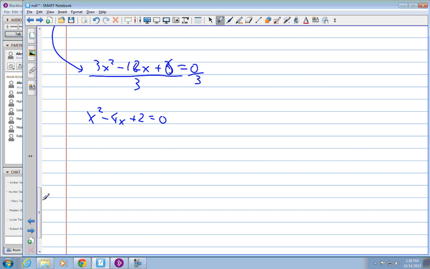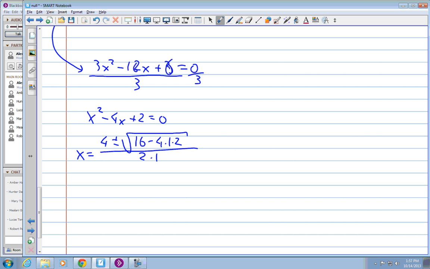Right? Did I divide it correctly, if I divide everything by 3? So then use the quadratic formula.